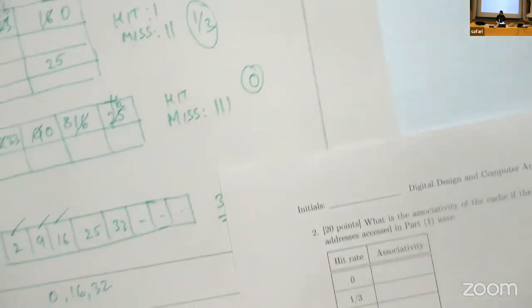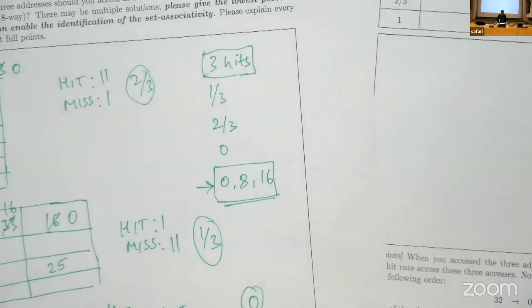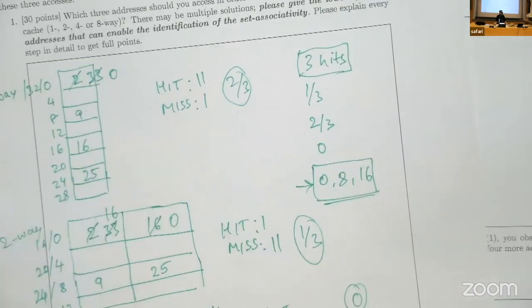No, I think this kind of a question demands such an approach, because we are asking for the 3 addresses which identify the set associativity.